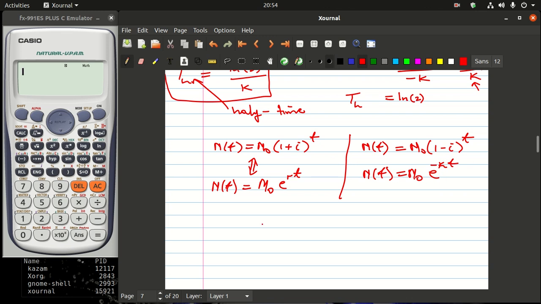So we have these two things, and now we have td as just ln of 2, this is ln on the calculator, divided by this r there. And the half-life, associated with decay, is going to be ln of 2 divided by some k, where k is a decay constant.